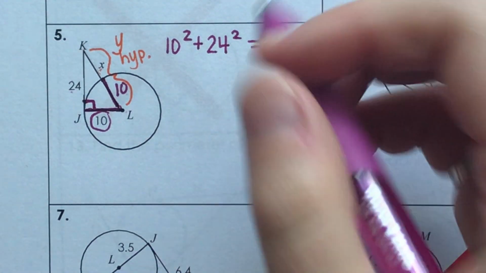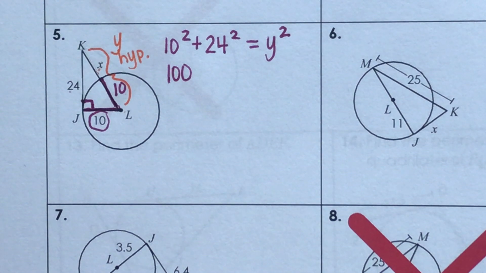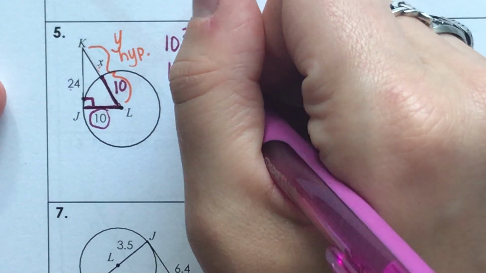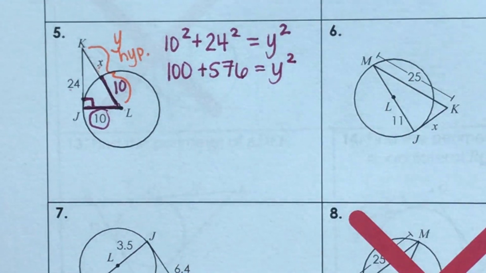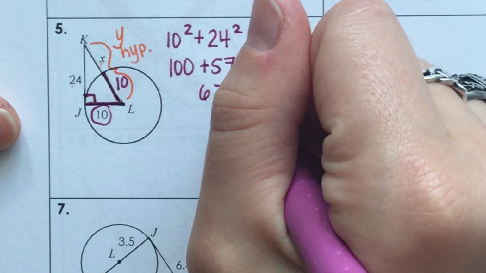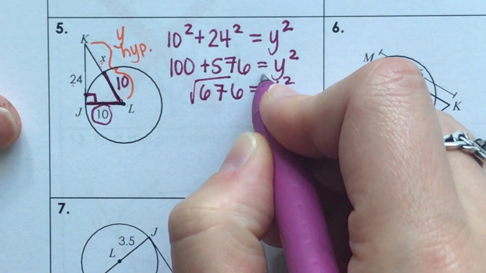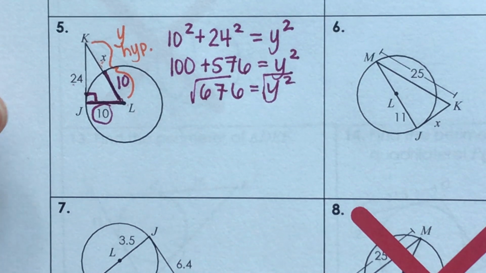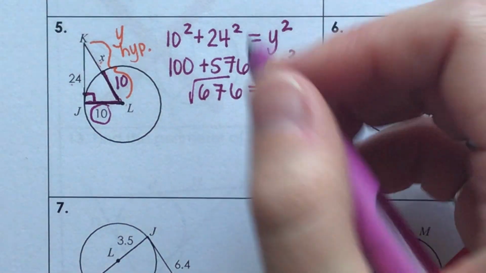So 10 squared is 100. 24 squared is 576. If I add those two together, I get 676. And then to get the y by itself, I square root both sides. So I end up getting the square root of 676, I think is, 26.